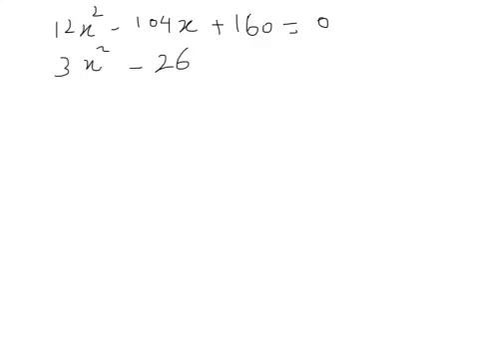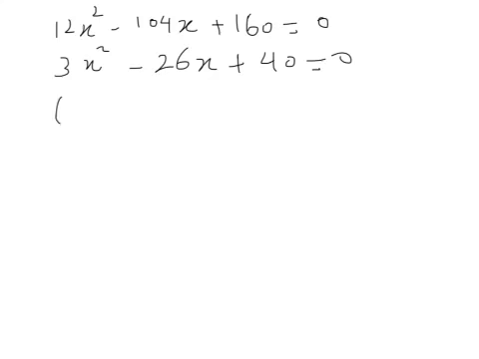From the previous page, we can see that 12x squared minus 104x plus 160 equals 0. The easiest way to do that is to divide through by 4, and that would give you 3x squared minus 26x plus 40. The reason we divided is that it makes it easier to factorize.